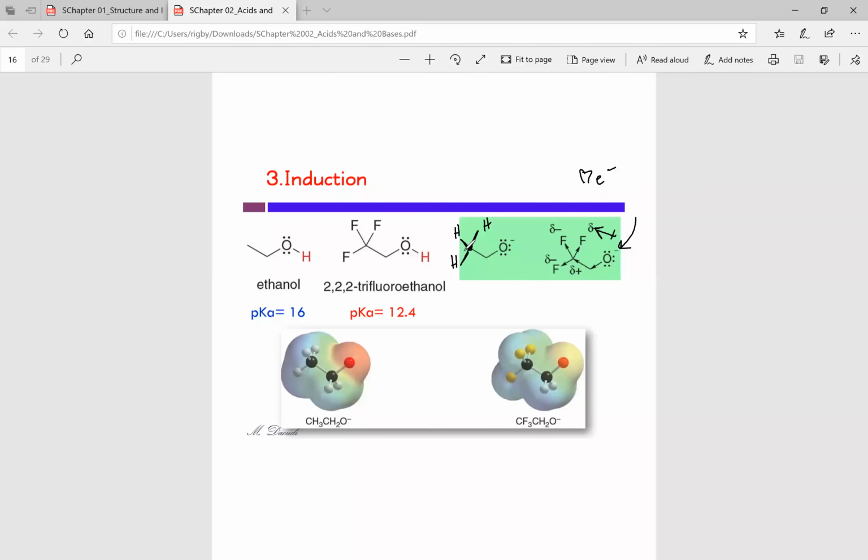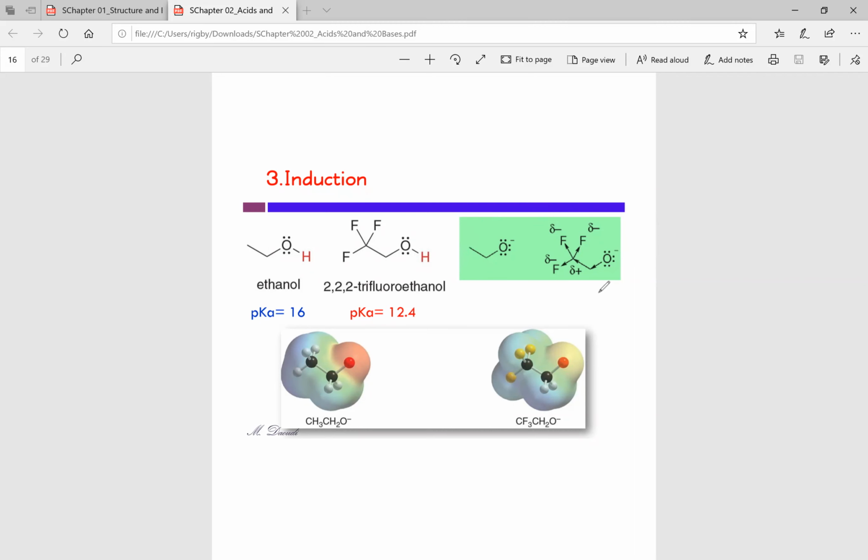And we know it has 3 hydrogens attached to it because in the line angle structure, there are hydrogens there that are not drawn that make sure that the carbon has the full 4 bonds that it needs. And so we see here that hydrogen is much less electronegative than fluorine. So this one is going to be more stable because that fluorine helps delocalize the electrons away from that oxygen, and again, makes the conjugate base more stable.